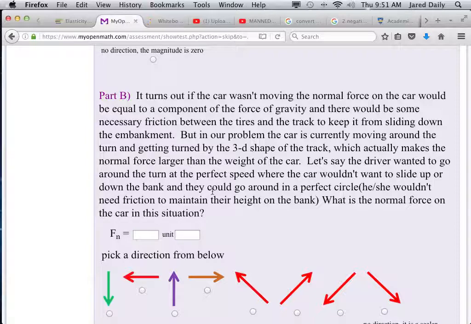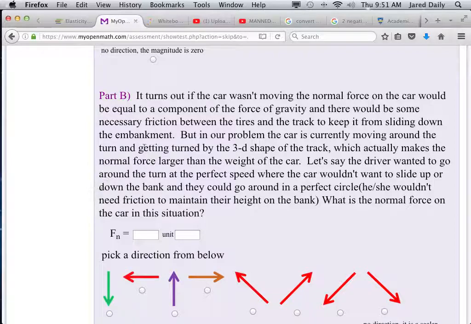So we've set up this problem as if the car wasn't moving. That's what we've set up so far. But it is moving. It's turning around and around the track. And in order for it to stay going in that circle, there's an extra force involved. What is the force that causes it to go in a circle?